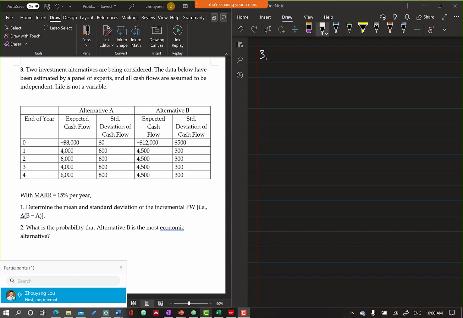So let me list out the key components column by column, and I will calculate row by row. So you have the column like end of year K, and then the expectation of the delta B minus A, which is the mean of the delta B minus A, and then the variance of B minus A. So that's actually very straightforward.